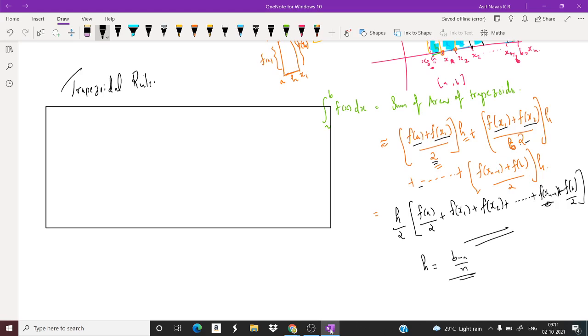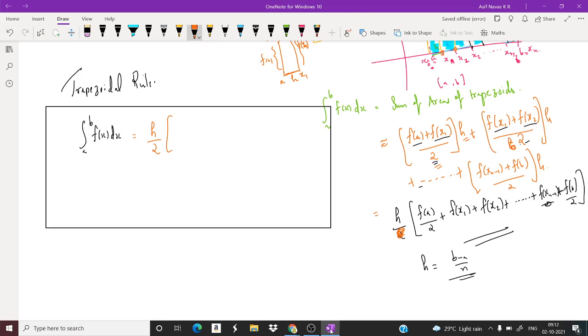So the integral from a to b of f(x) dx is equal to... sorry, there is no h by 2, so I am taking everything here.